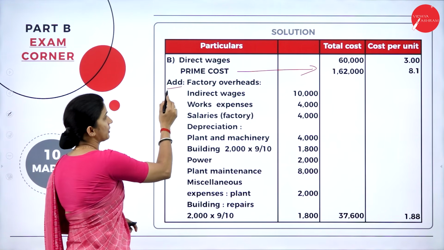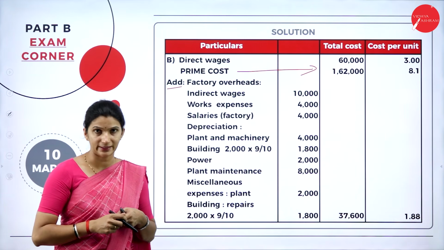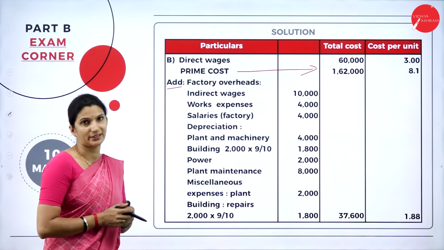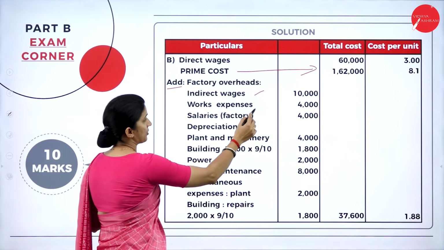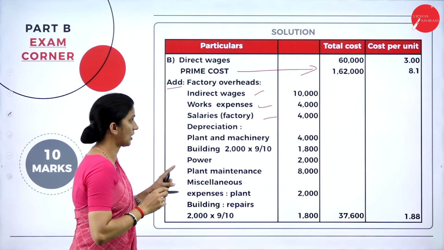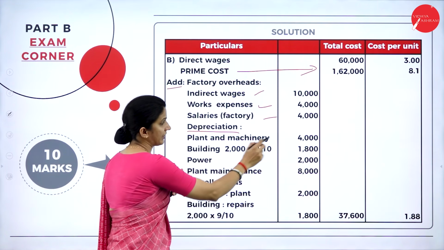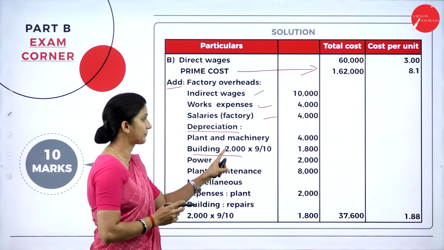Next, add factory overhead. All the indirect costs or the factory related expenses, we need to write under the factory overhead. So here in this question, we have indirect wage 10,000, then work expenses 4,000, salary of factory 4,000, then depreciation of plant and machinery 4,000. Then building, total depreciation 2,000.